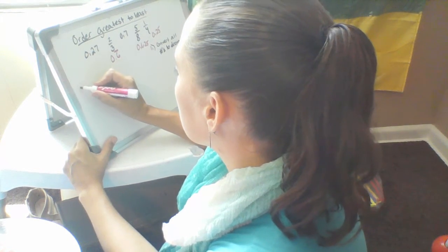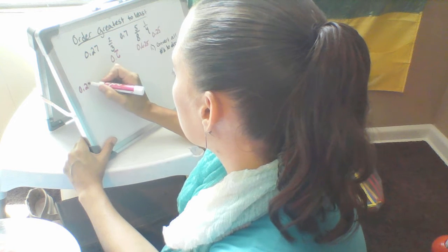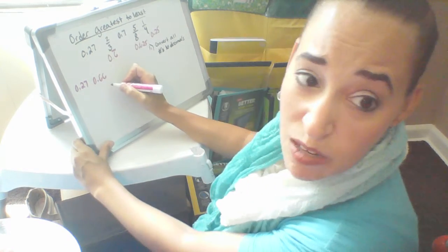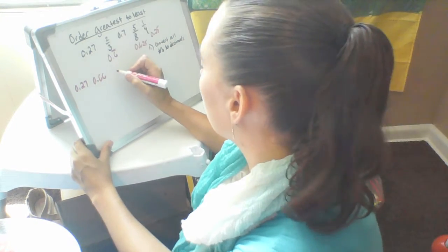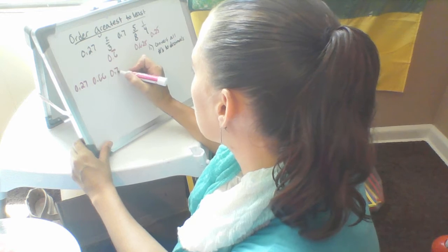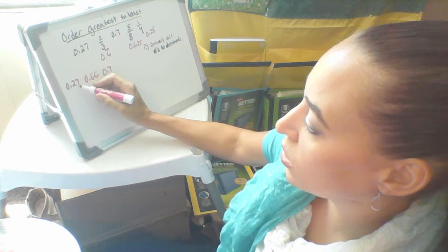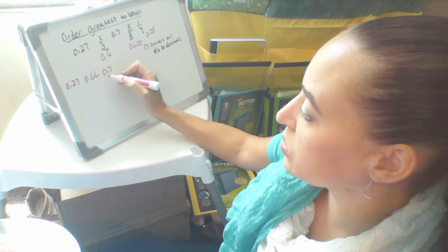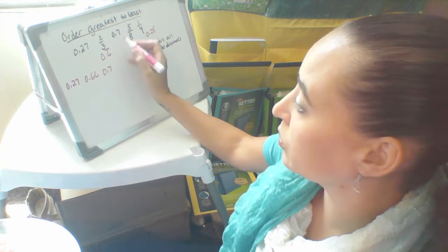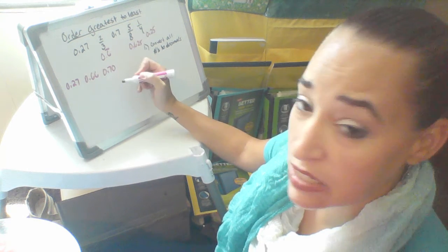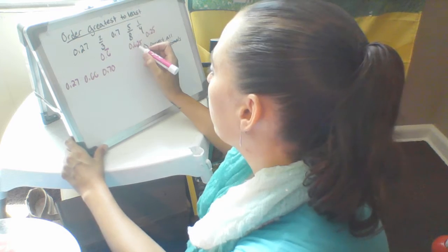So I have 0.27, we're going to say 0.66, so they're at the same place value, and 0.7. So remember, it goes out 2 decimals, 2 decimals. This is only going out 1 decimal, so we got to fill in with that 0, so it's 2 decimals.